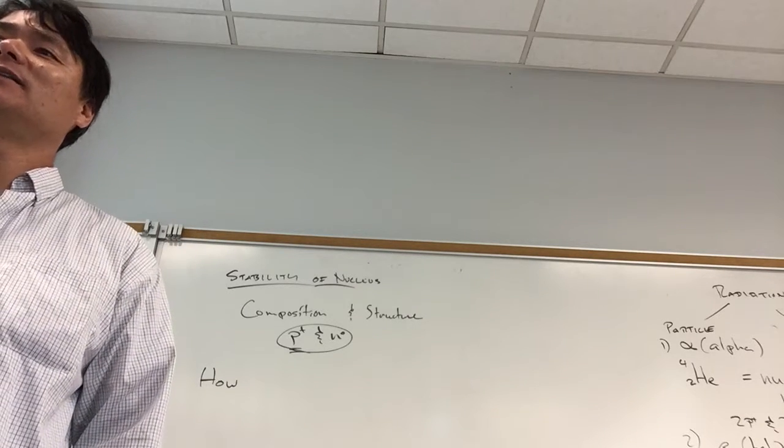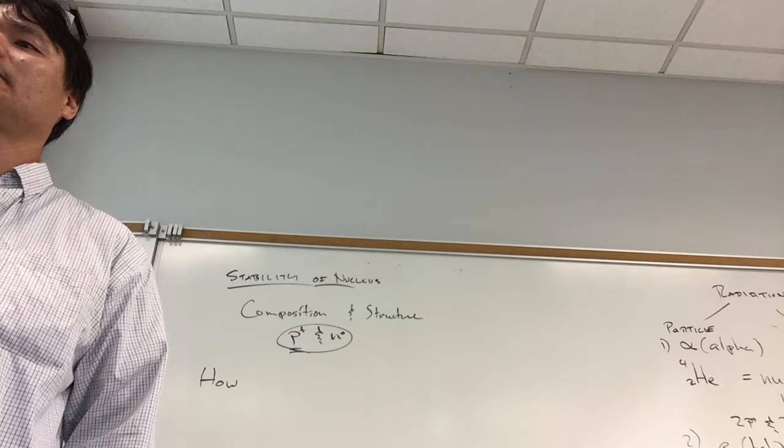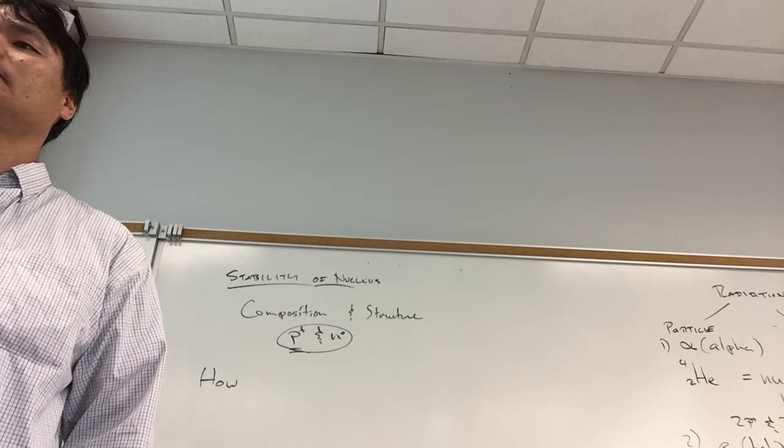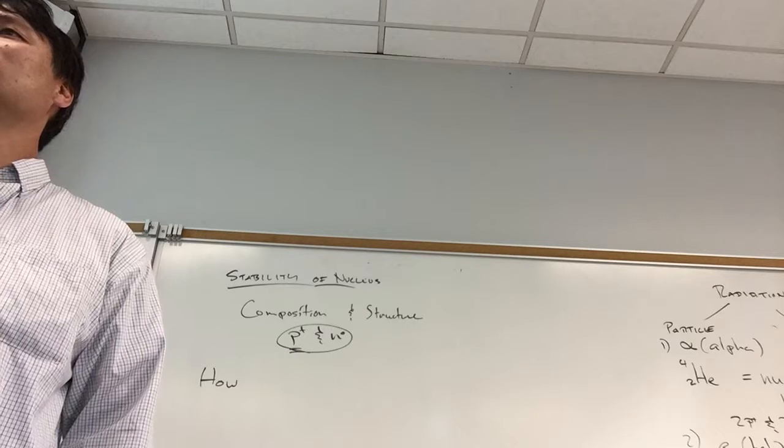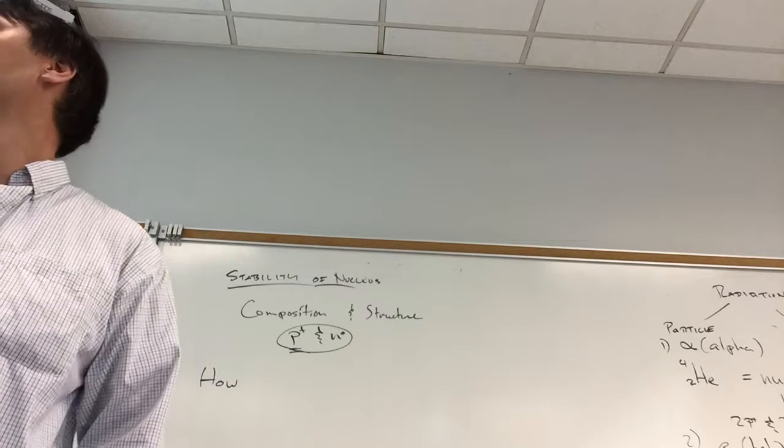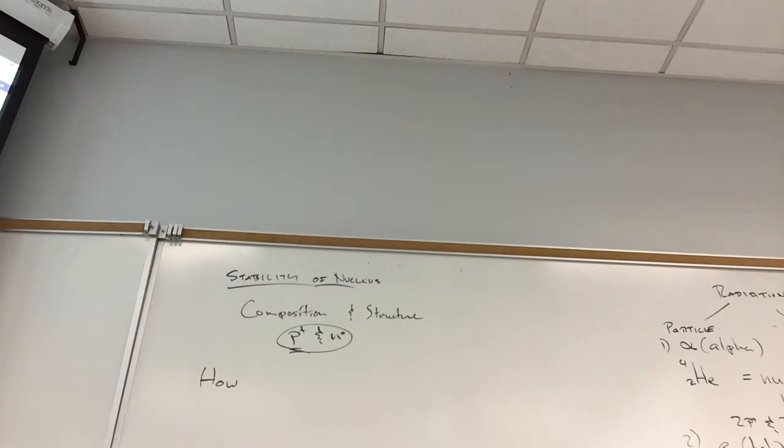If it's radioactive, definitely not stable. But how can you tell when something's radioactive? Because carbon-14 just screwed up everything for me, because carbon-14 has less than 84 protons, and it's radioactive.